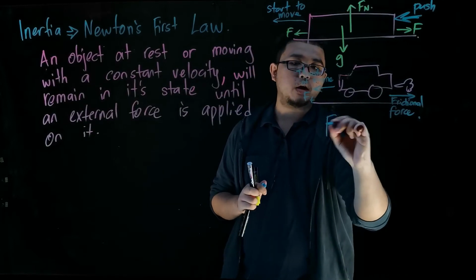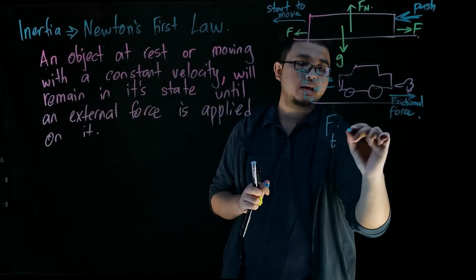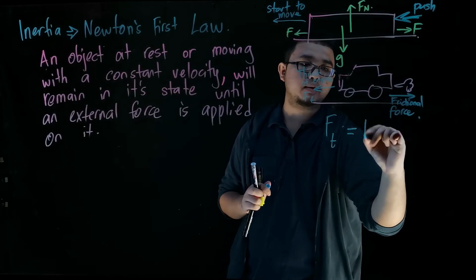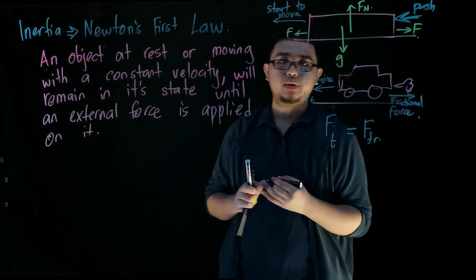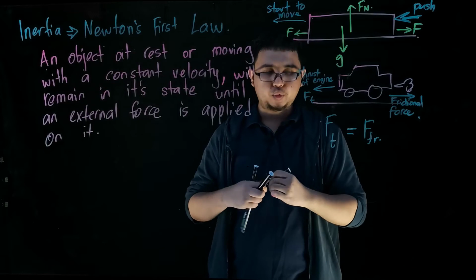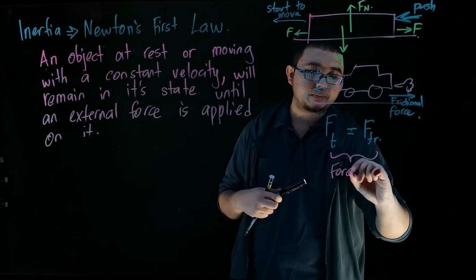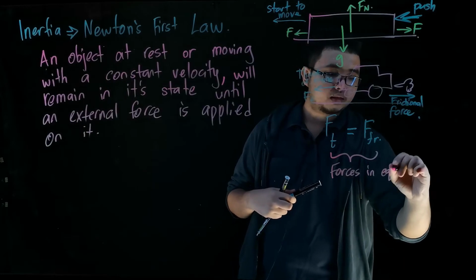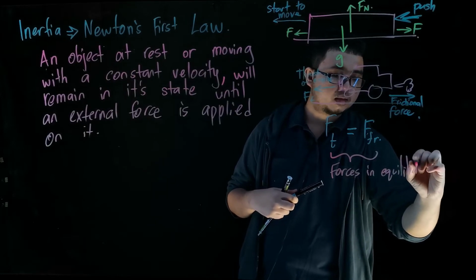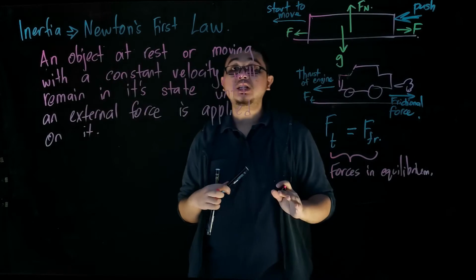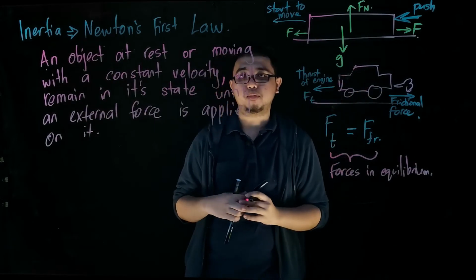So here, your thrust is the same value as your frictional force. In this state, we call this forces in equilibrium. It won't change the state of how it moves.